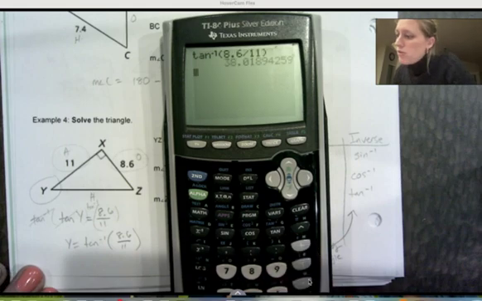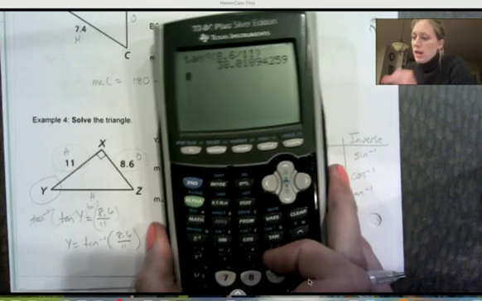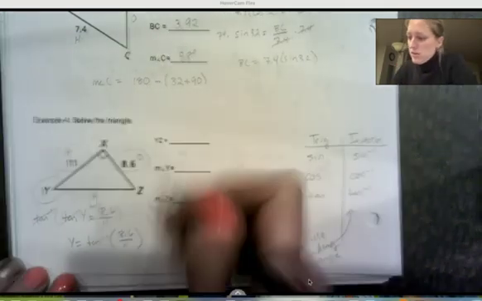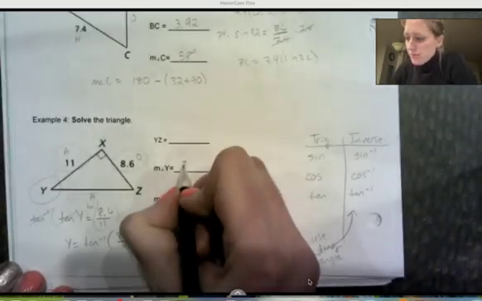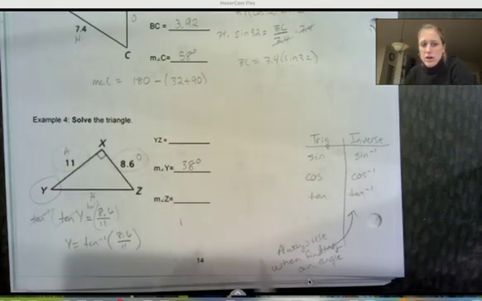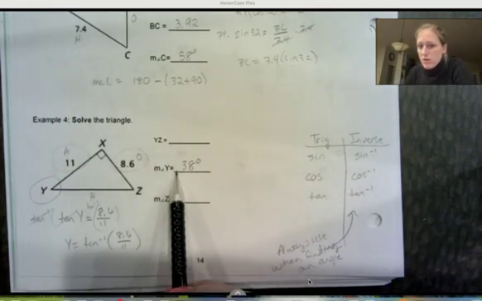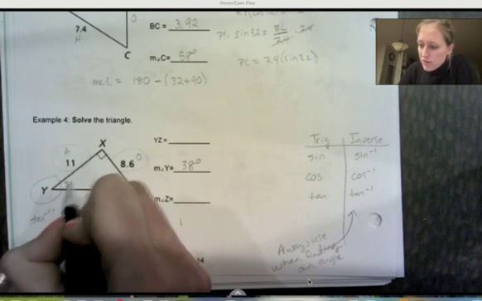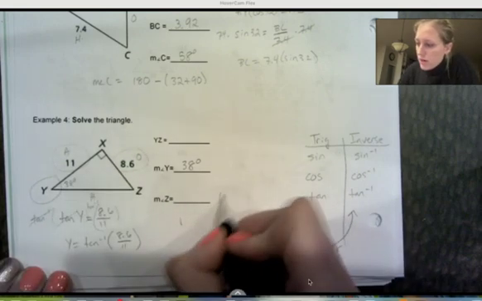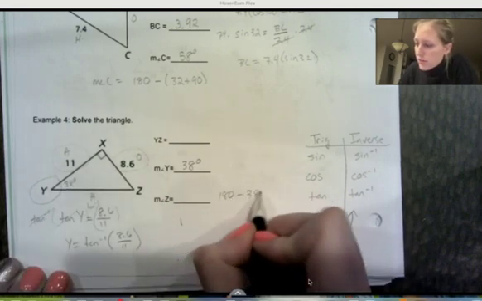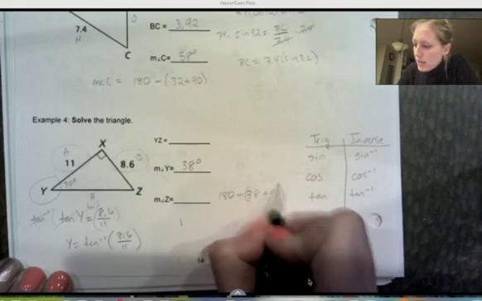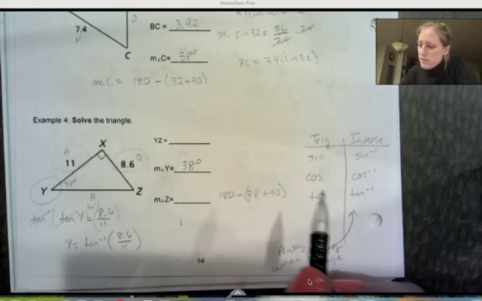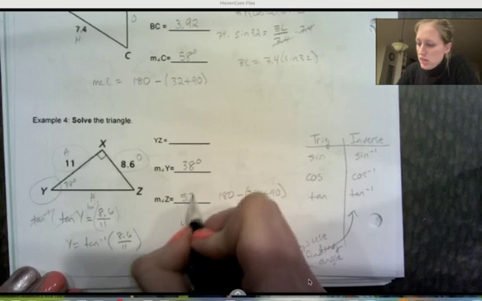This is an angle in degrees, so it's about 38 degrees. Okay, so now to get angle Z, now that I know this is 38 degrees, I can do 180 minus 38 and 90. And I think that's going to give us 52 degrees.